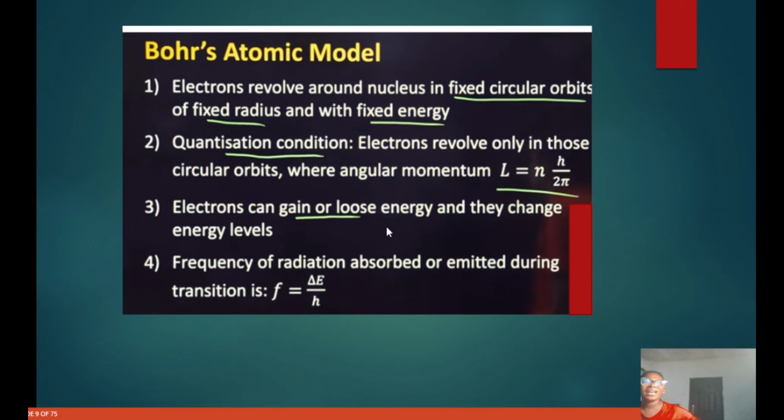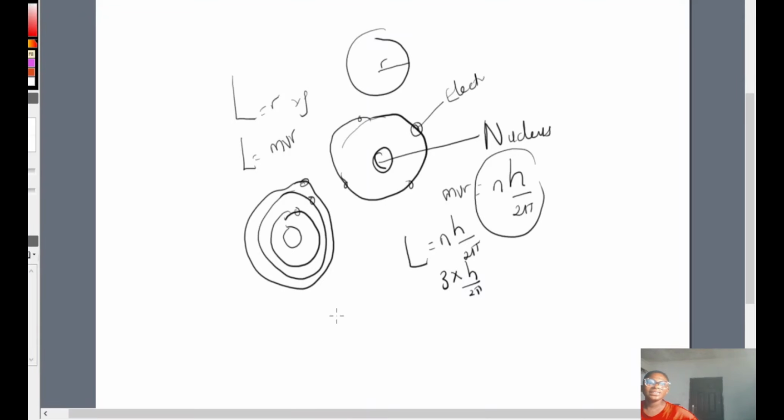Then electrons can gain or lose energy, and they can change energy levels. This is what we're trying to explain here. Look at it now. The electron here can move from this energy level to this point if excited. If light is incident on this atom, maybe they shine a bright light on it and it touches this electron, it will become excited.